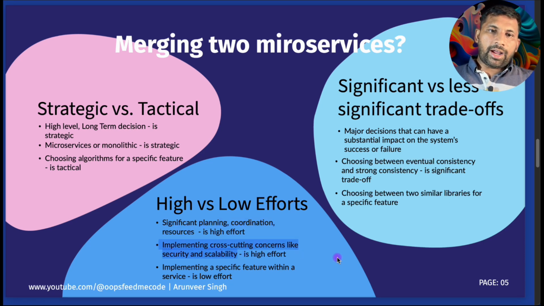So I have to implement scalability in my system. Then it's a high effort item because we need to plan it well in advance. We need to coordinate with different team members, different stakeholders, right?